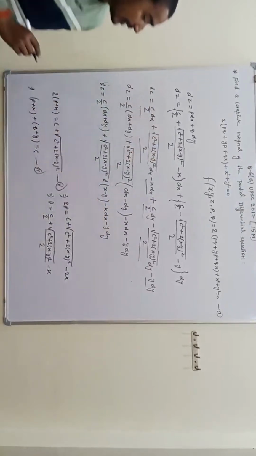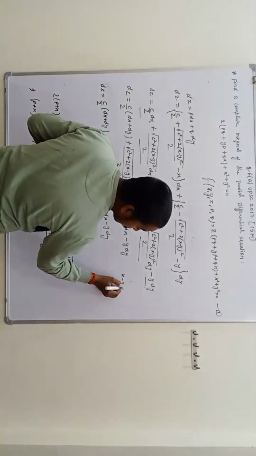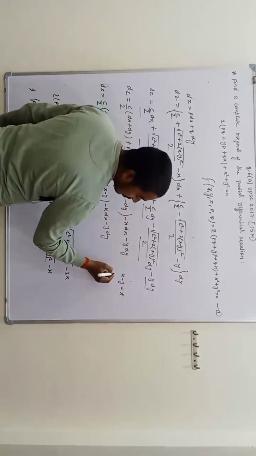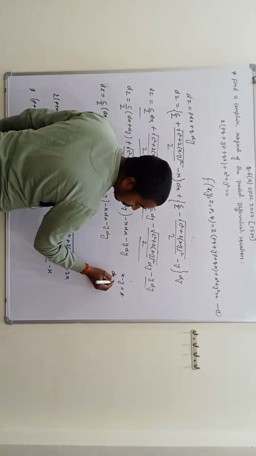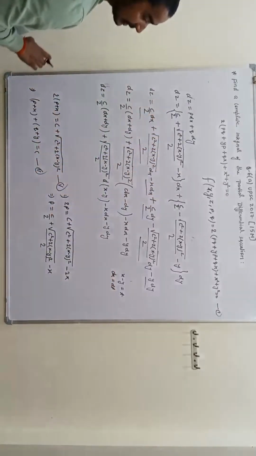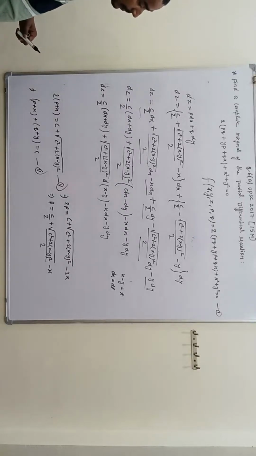Further we have to let x minus y is equal to t, and from here that is dx is equal to dt. We have to write dx is equal to dt.